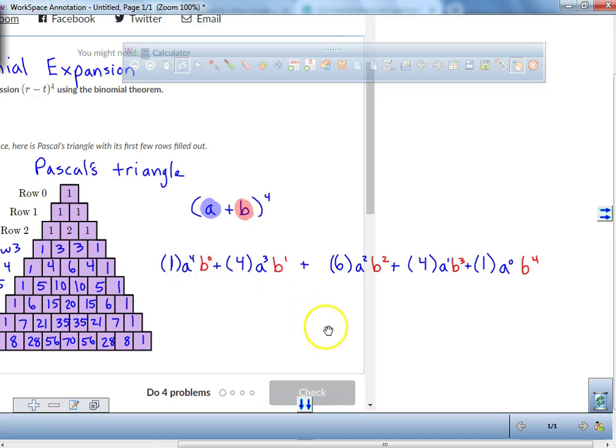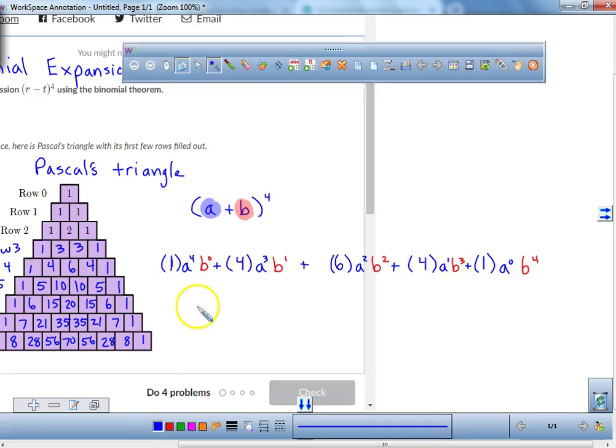Now what would our final answer be? If I took all of this and multiplied everything I need to multiply and added it together, here's what our final answer would be. It would be a to the 4, because what is b to the power of 0? B to the power of 0 is 1. Any number to the power of 0 is 1.